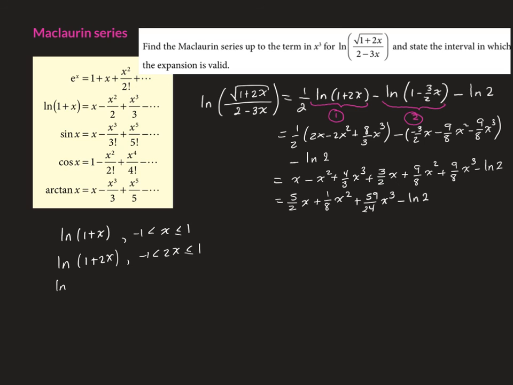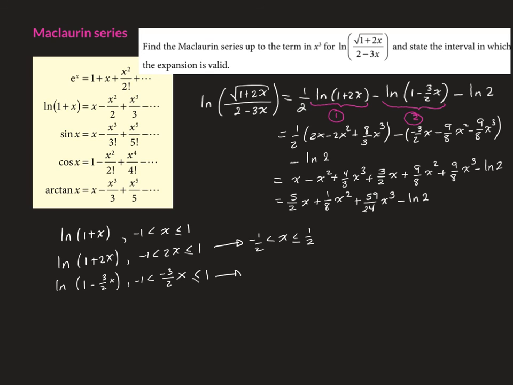And for the expansion of ln of 1 minus 3 halves of x, then it's minus 3 halves of x that should be between minus 1 and 1. So the second condition that we have here leads to x taking values between minus 1/2 and 1/2.